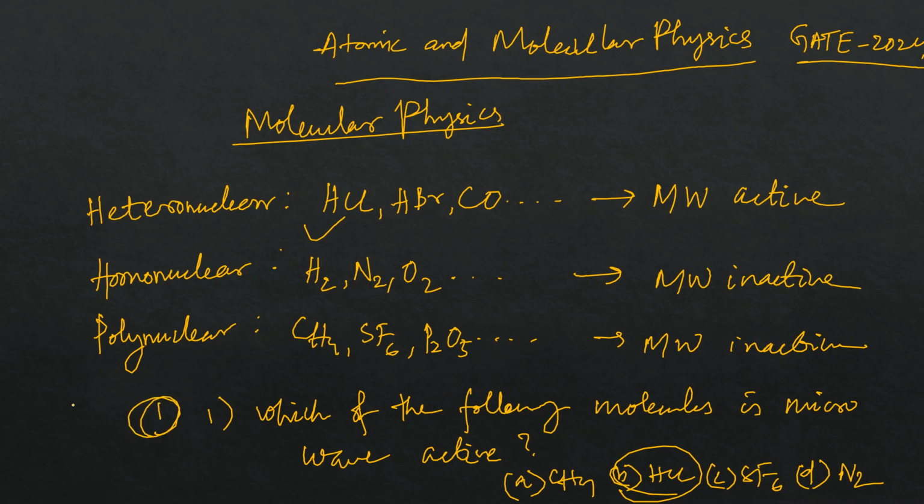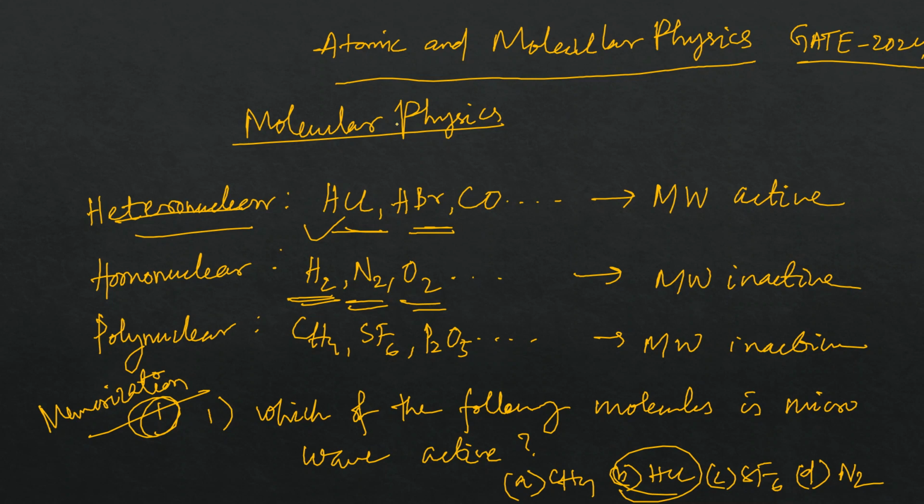This is basically a one-mark question in GATE, and it is memorization. There's no concept here. You can remember all the halides come in heteronuclear. Homonuclear has the same atoms: H H is H2, N N is N2, O O is O2. Hetero means different, like HCl. Polynuclear means many, like C along with 4H, or S along with 6F.